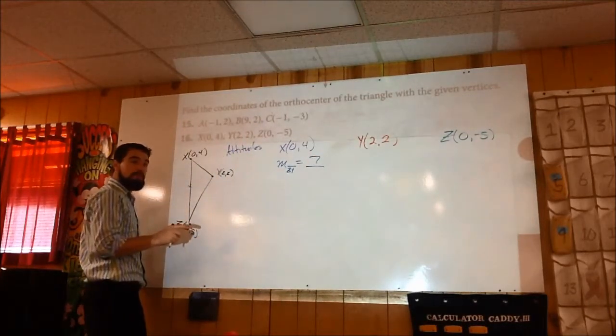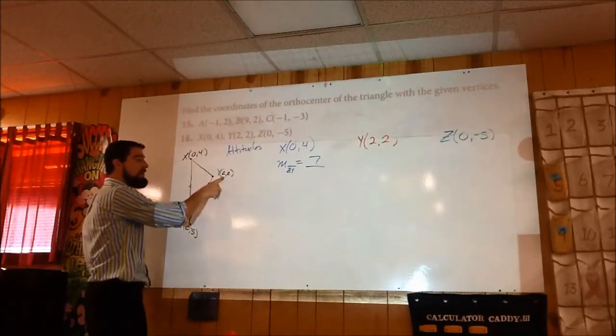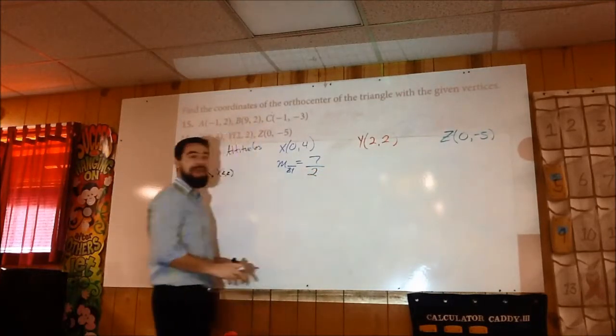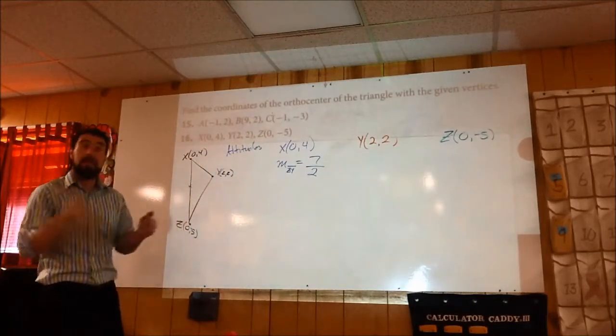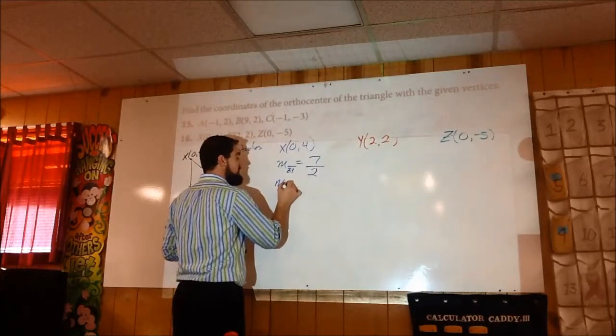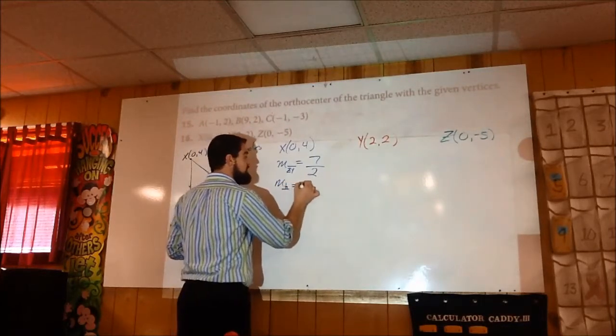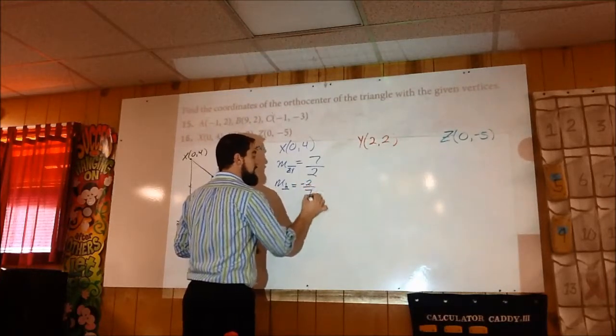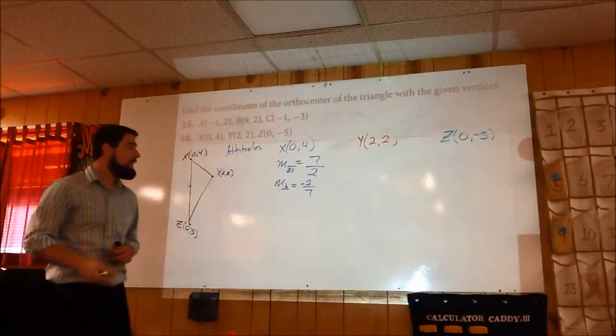My run, it starts at 0, goes to positive 2. What's my run? 2. My slope is 7/2 of this side. But for the altitude, I need the slope that is perpendicular. So I'm going to put slope perpendicular is equal to, what is it going to be? -2/7.